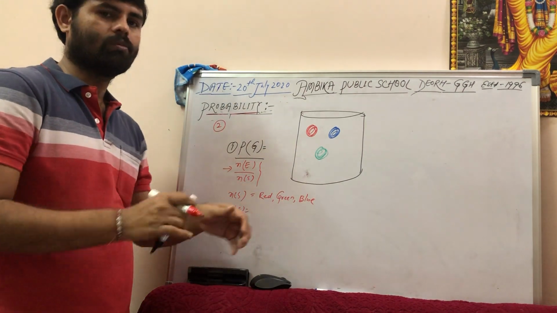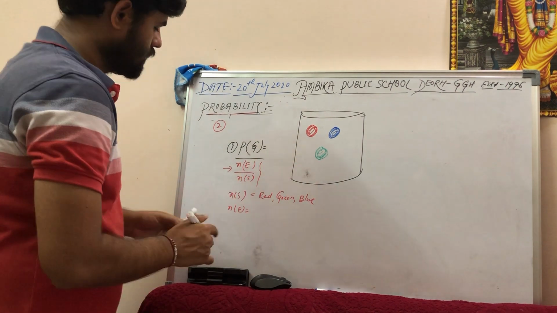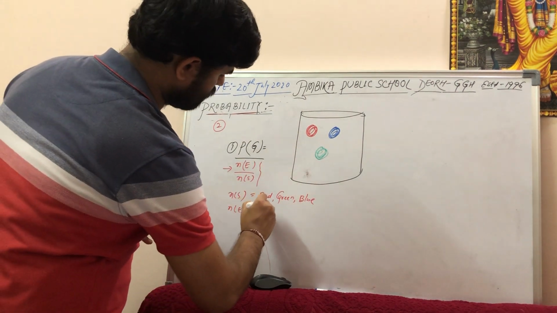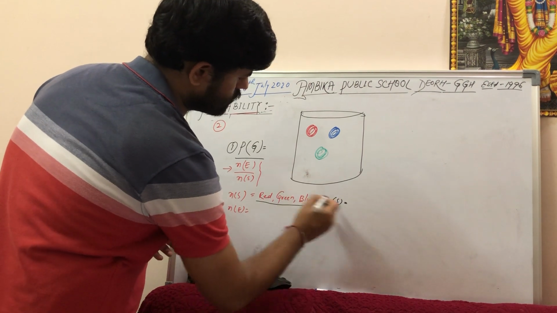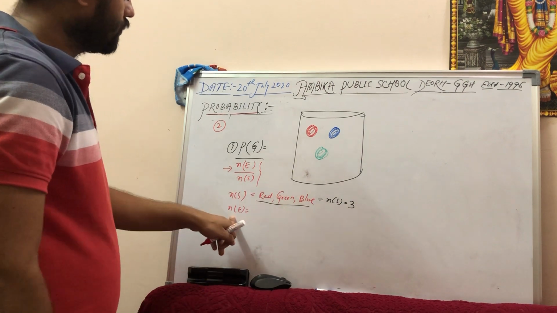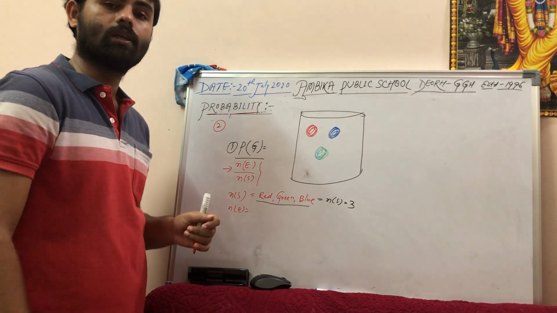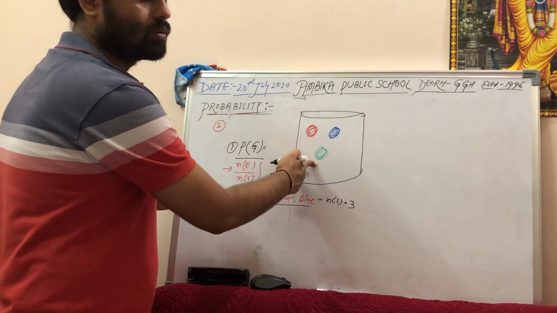If she puts the hand, either red will come, either blue will come, either green will come. This is the sample space. So number of sample space equals how much? 3. 1, 2, 3. Number of events: what event is asked? Yellow ball, means green ball. So green ball is only one, right?